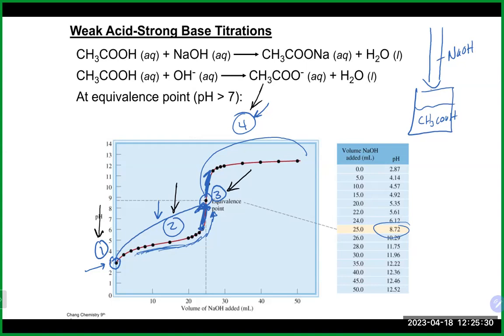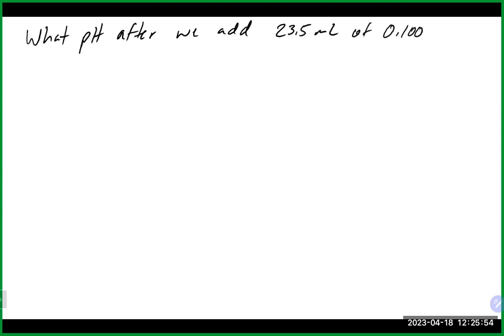Other questions? All right, so why don't we try one here? Let's do this titration. What is the pH after we add 23.5 milliliters of 0.1 molar sodium hydroxide to 25 milliliters of 0.1 molar acetic acid?